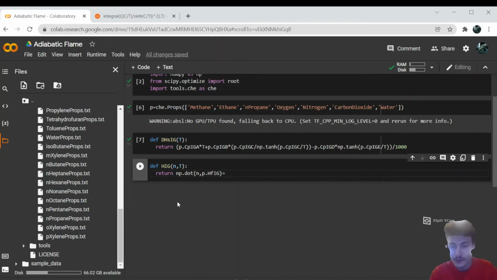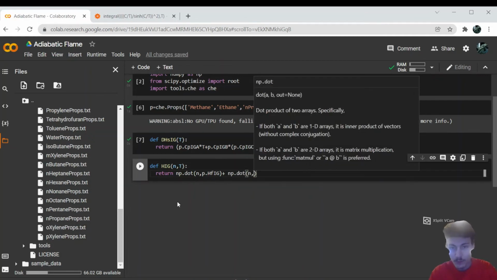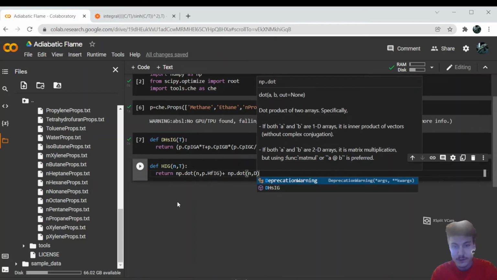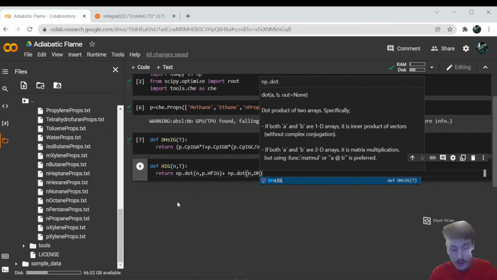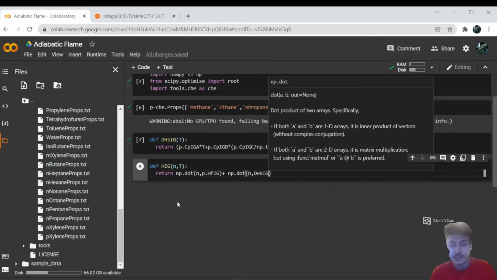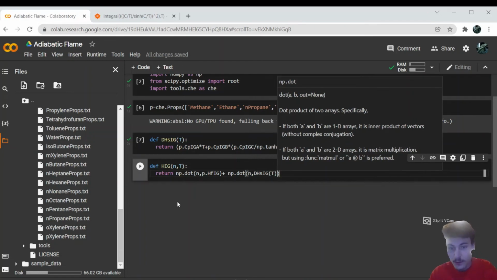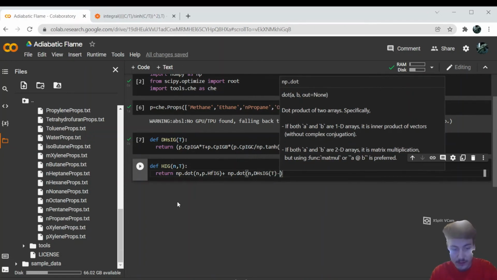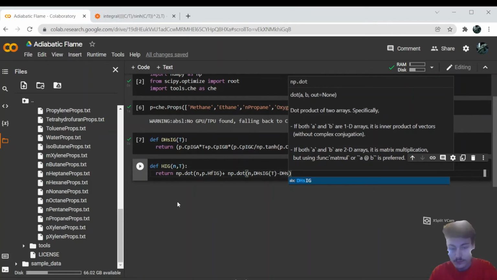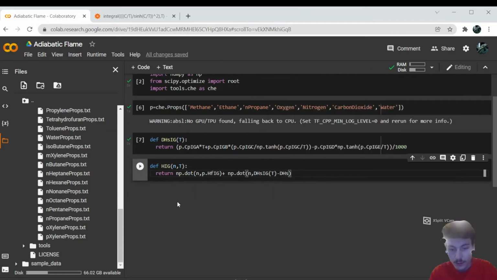Then we're going to add another dot product, with the number of moles, and the second equation is going to be the one we just did above, DHSIG of the final temperature minus the same thing of the starting temperature, which is 298 Kelvin.